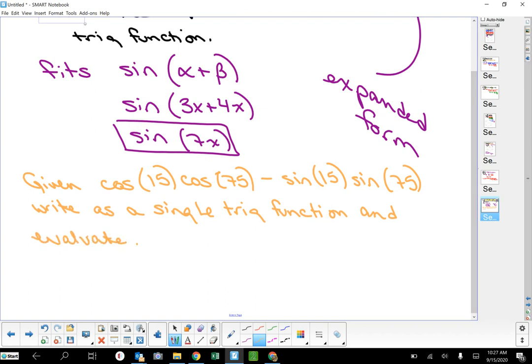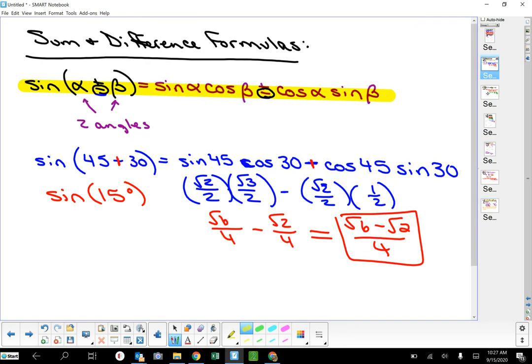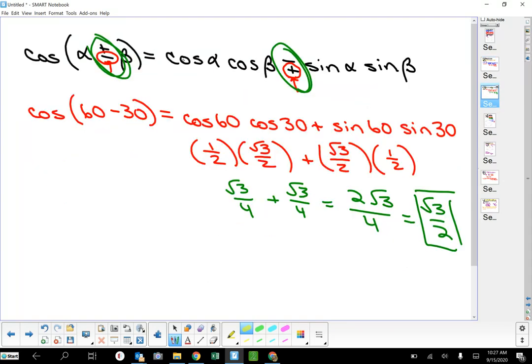Okay, so we're going cosine, cosine, minus sine, sine. Well, that's one of the cosine ones. So what I'm looking at here is just the generic form of this thing. I'm going cosine, cosine, minus sine, sine. So I'm going to flip back, and that's my sines. Here's my cosine. So cosine, cosine, minus sine, sine means I'm actually looking at cosine alpha plus beta, the one with the minus in it, right? So cosine alpha plus beta.